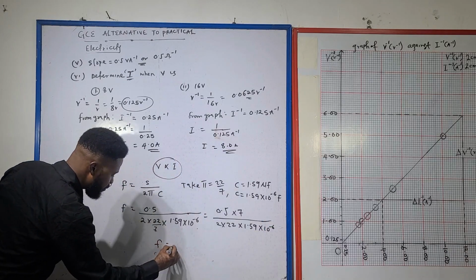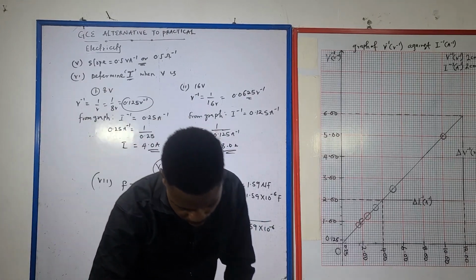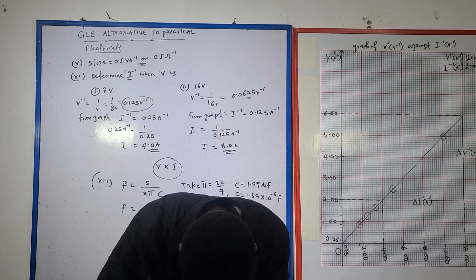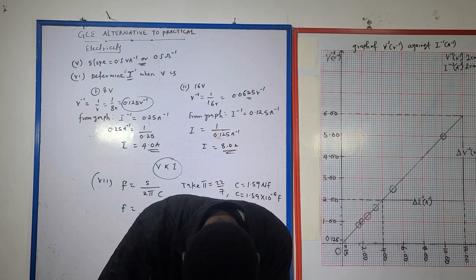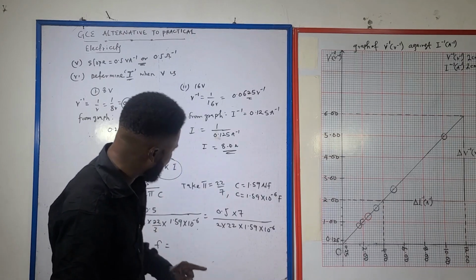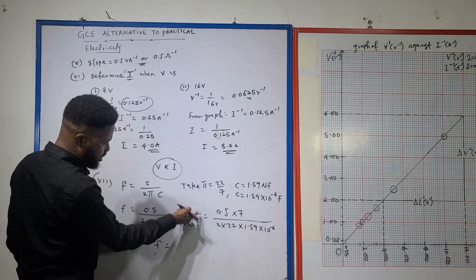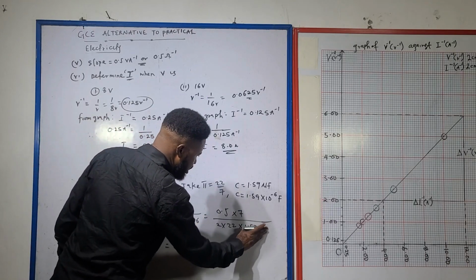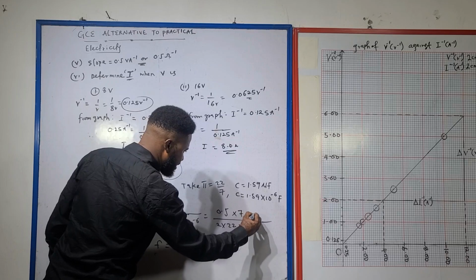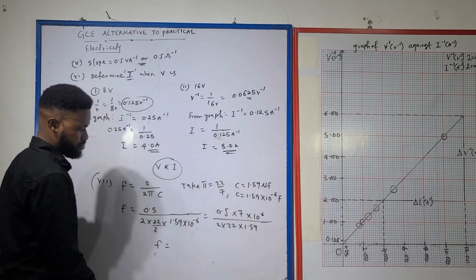Therefore, my frequency, if I try to compute that on my calculator, what I'm going to have is, mind you, this 10 raised to power minus 6, because it's in the denominator, should now be going up as 10 raised to power 6.